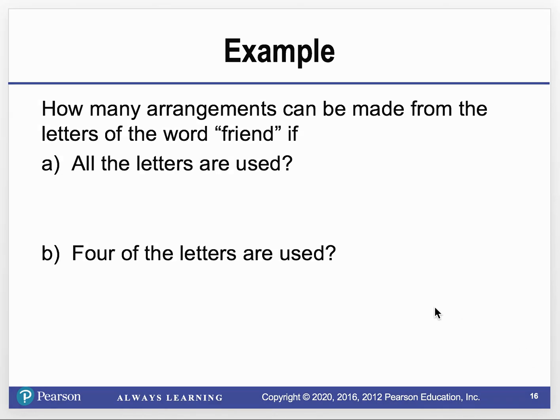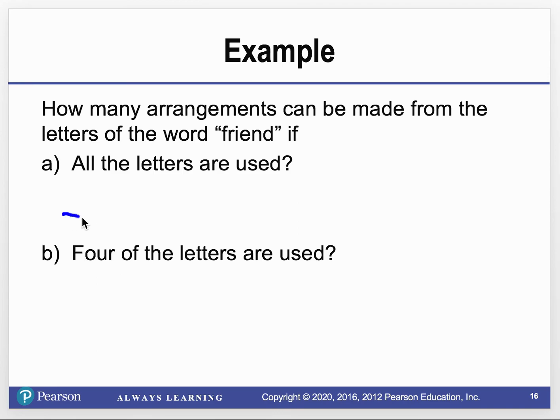How many arrangements can be made from the letters of the word friend, if all the letters are used? Right? So if all the letters are used, none of them are the same. And because I'm arranging different letters, if I write ENDFRI, that's different, even though it's the same letters, it's a different arrangement.